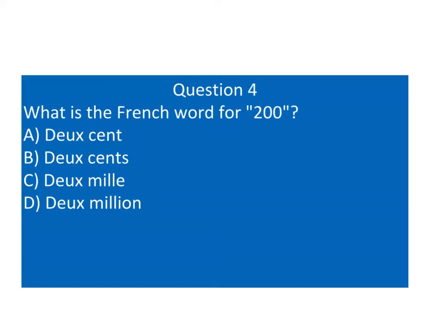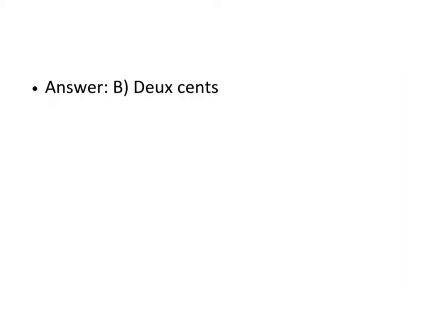Question 4. What is the French word for 200? Remember 200, there is an S. Is it A. Deux cent, B. Deux cents, C. Deux mille, D. Deux millions? So the answer is between A and B. So what is the answer? B. Deux cents.